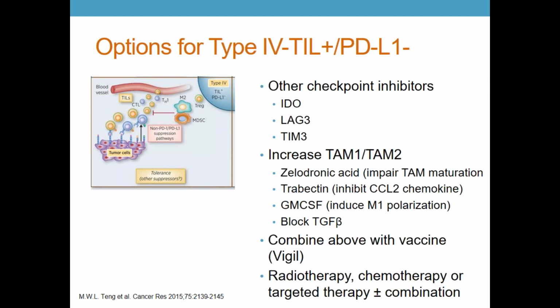So clearly, given that Vigil both secretes GM-CSF and blocks TGF-beta, it's kind of a no-brainer that we would want to look at it in this type. And once again, we can fall back on an off-target effect of radiotherapy, chemotherapy, and targeted therapy to try to make these cells much more immunogenic.